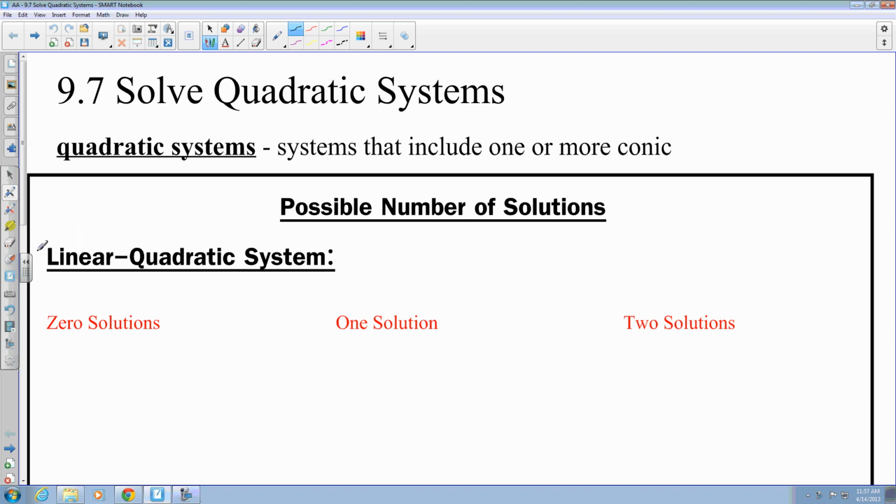All right. We're in section 9.7, the last section in chapter 9, where we are going to be able to solve quadratic systems. You may have heard of systems in previous math courses where we were trying to solve linear equations.